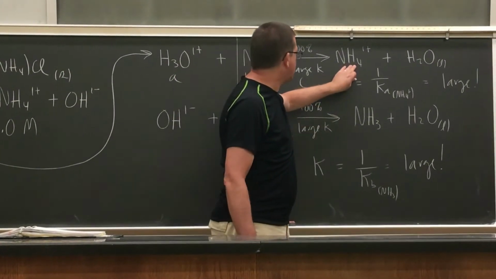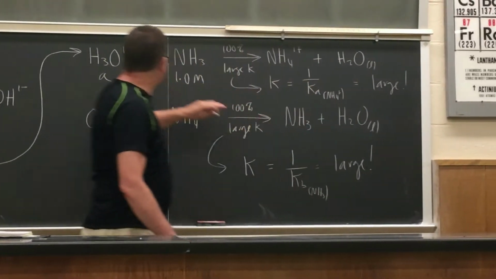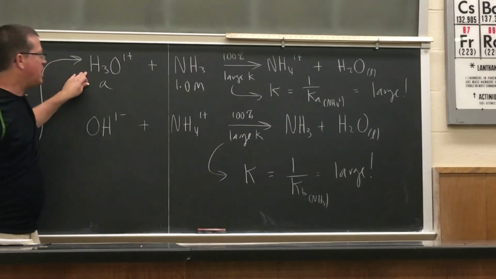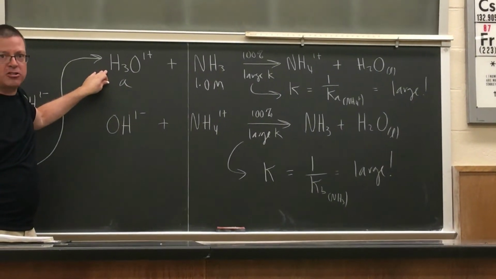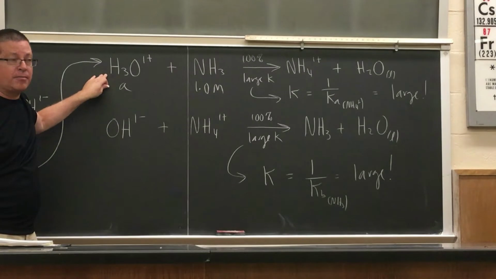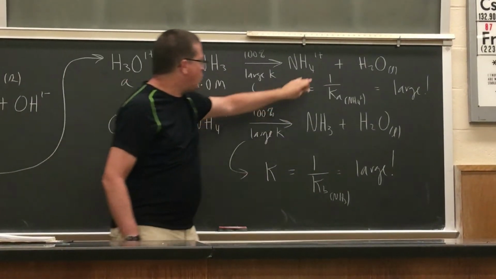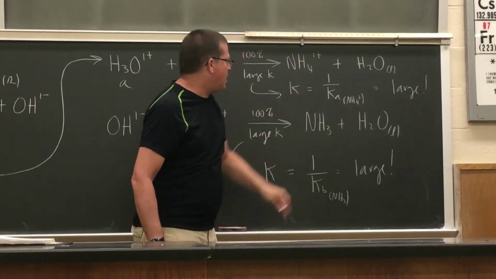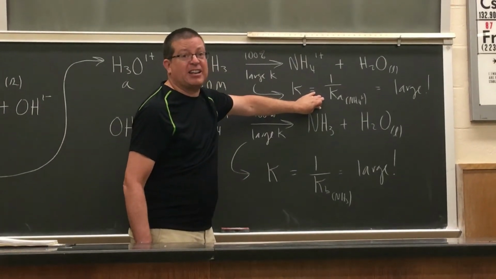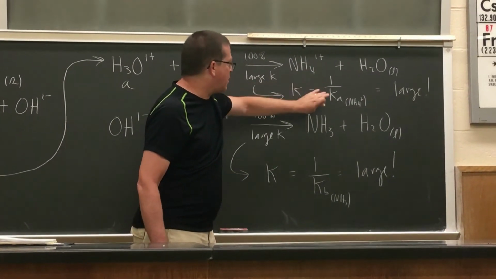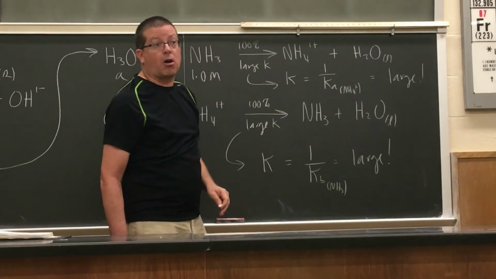If I have ammonium reacting with water to give me ammonia and hydronium ion, that's the Ka reaction for the ammonium ion. So if I flip that reaction as I have it here, that's 1 over the Ka for the ammonium ion. Ka for ammonium ion is a very small number. 1 over a very small number is going to be a very large number.